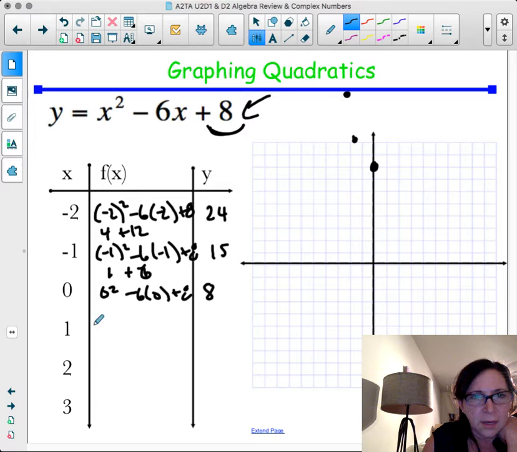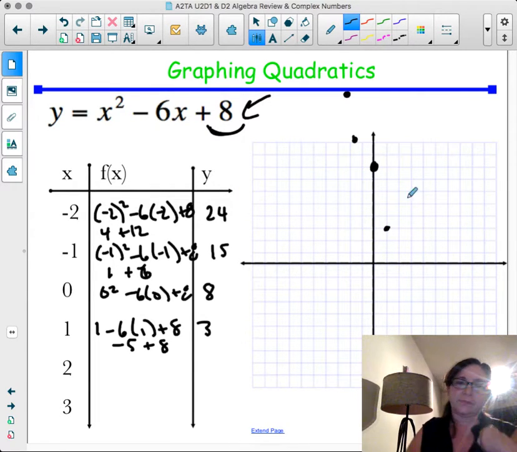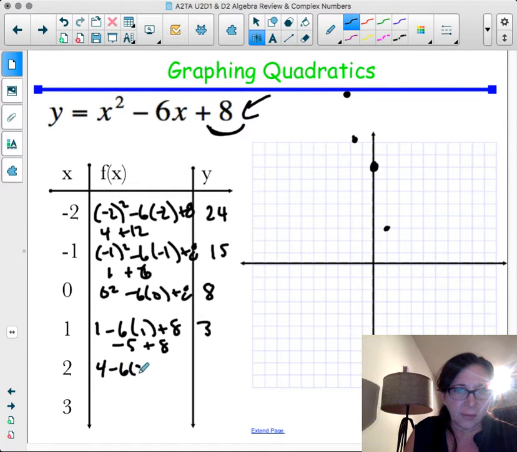Plugging in 1, we have 1 squared, which is 1, minus 6 times 1 plus 8. So 1 minus 6 is negative 5. Negative 5 plus 8 is 3. So at 1, we're at 3. At 2, we're going to get 4 minus 6 times 2 plus 8. 4 minus 12 is negative 8. Negative 8 plus 8 is 0. So at 2, we're at 0.